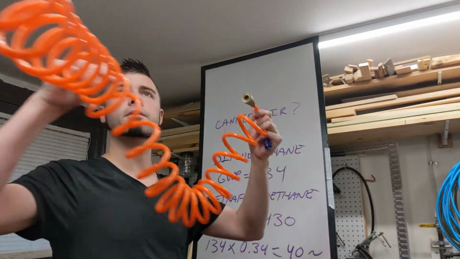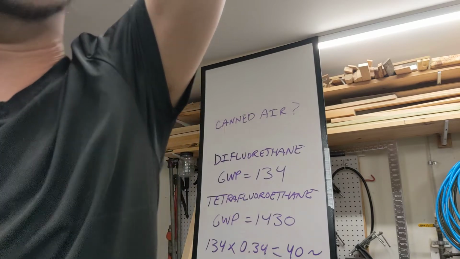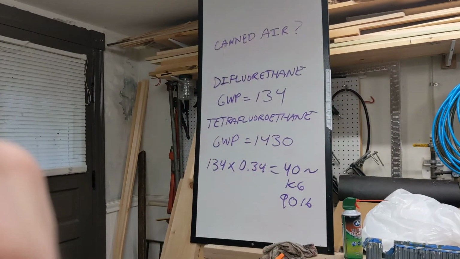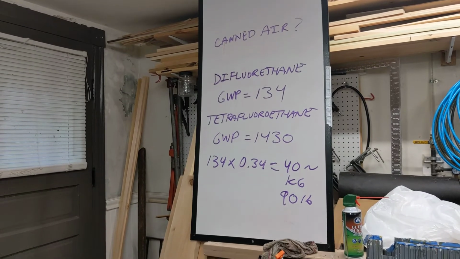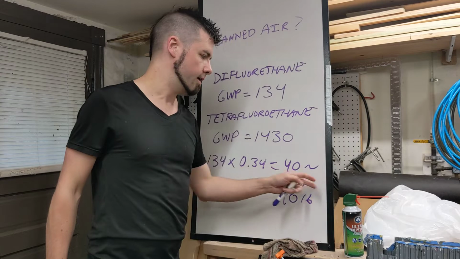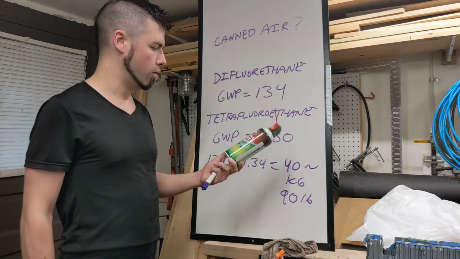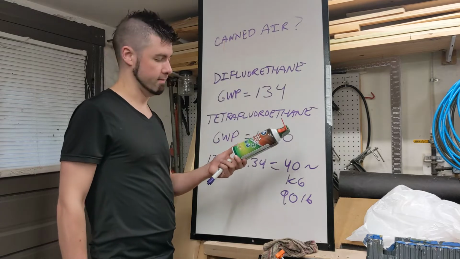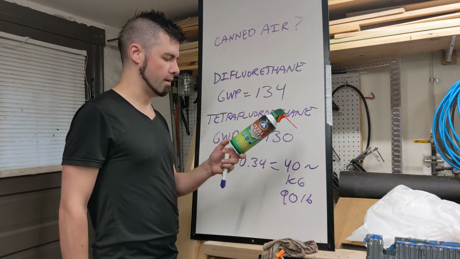This is an air hose. We got a compressor, 2 compressors in the back over there, and we can make our own compressed air and not have to use these crazy high GWP gases. The other thing, and probably for most people, more importantly, is these things are expensive. I mean, this thing was probably $5 and I bought it years ago.